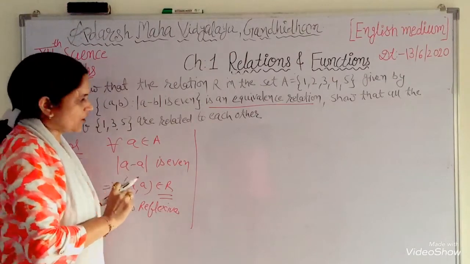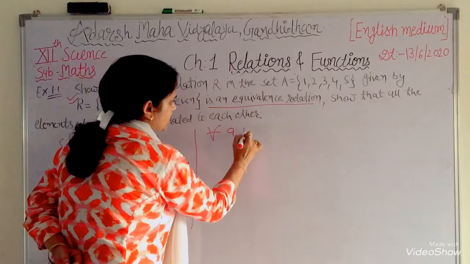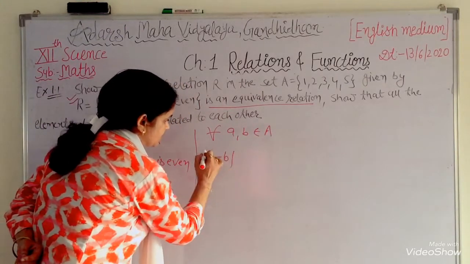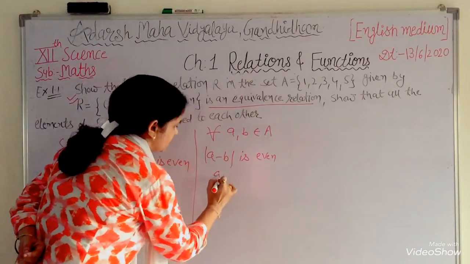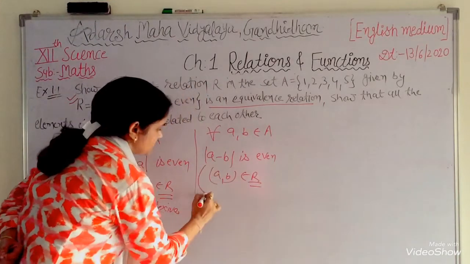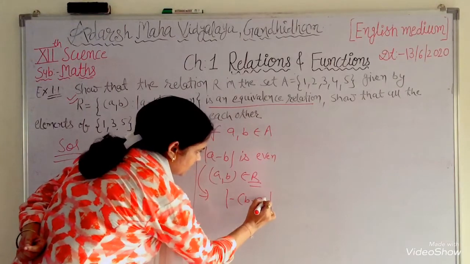Now, move to symmetric. For all (a, b) belongs to R, a minus b is even, okay? Now, student, for this we can write the modulus of b minus a.